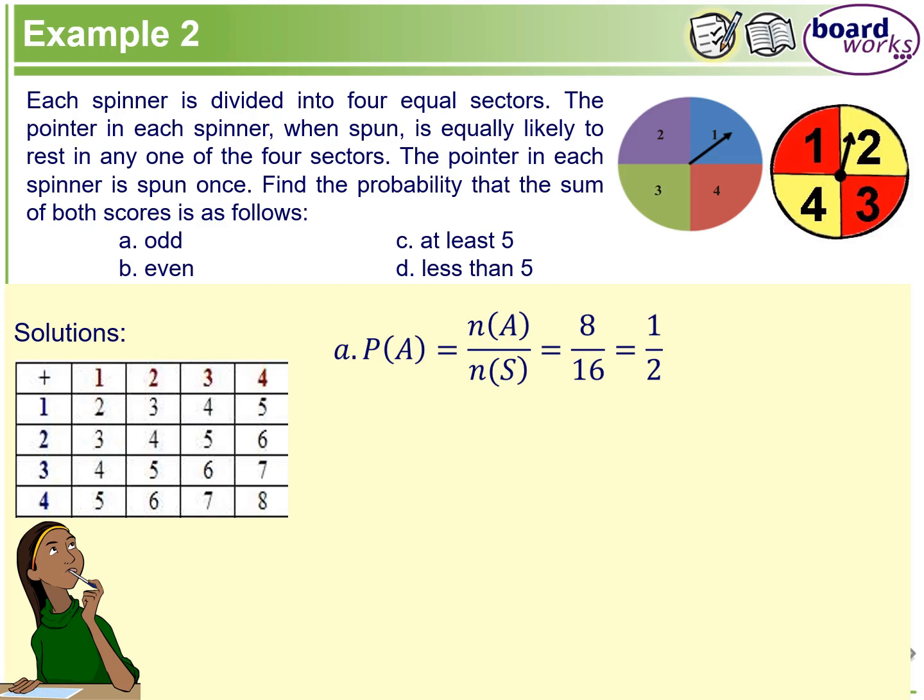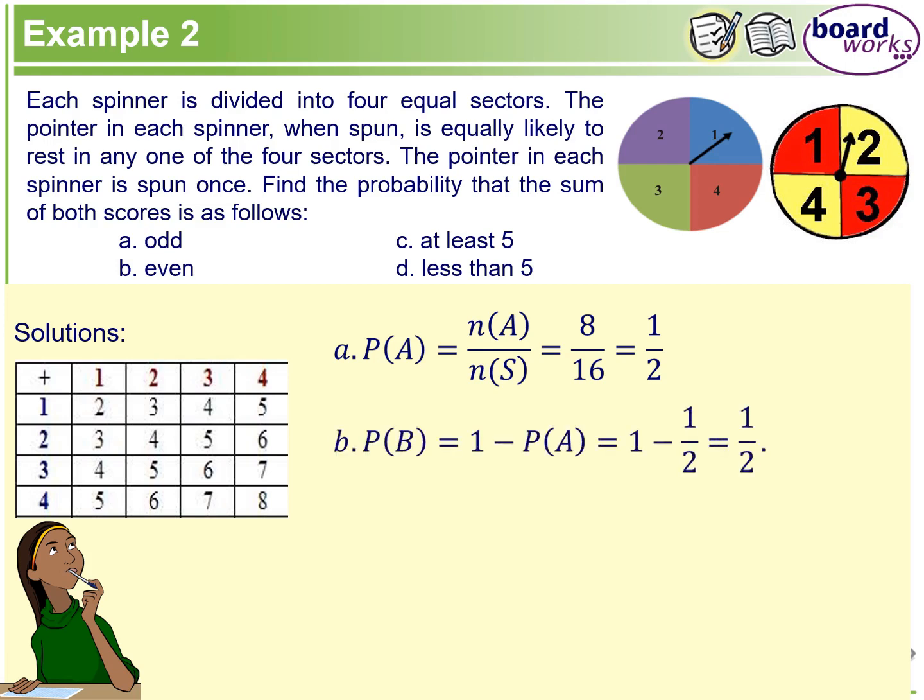So we have 3, 3, 5, 5, 5, 5, 7, 7, and they are all 8. So 8 over 16, which is the possible outcomes, reduced to the lowest term, that is equal to 1/2. So therefore, the probability that the sum of both scores is odd is 1/2 or 50%.